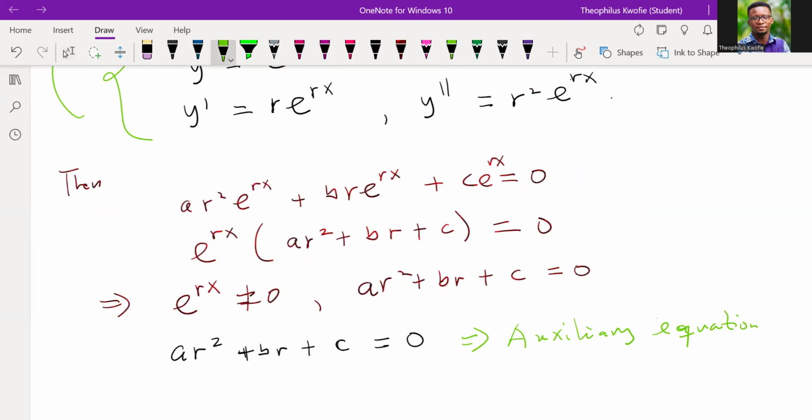Some books will say characteristic equation. Very important.